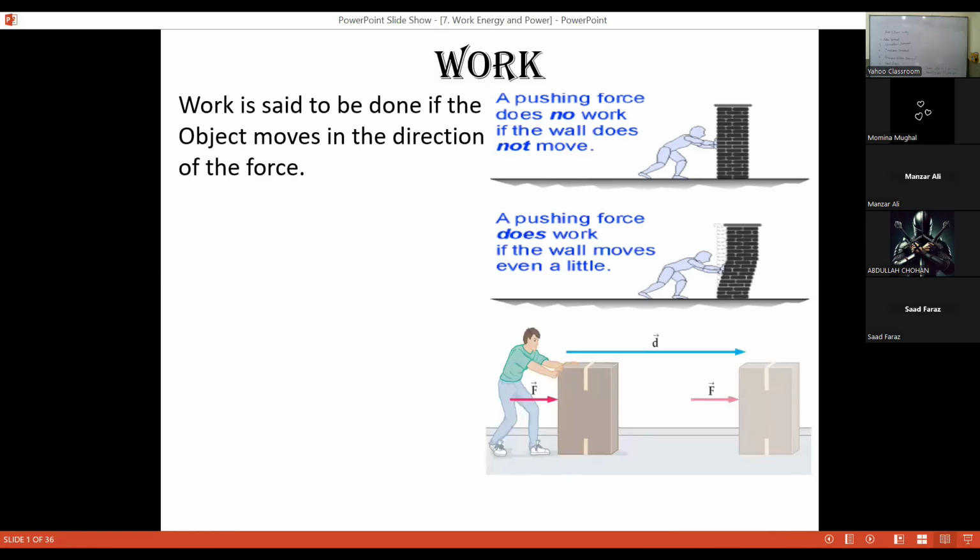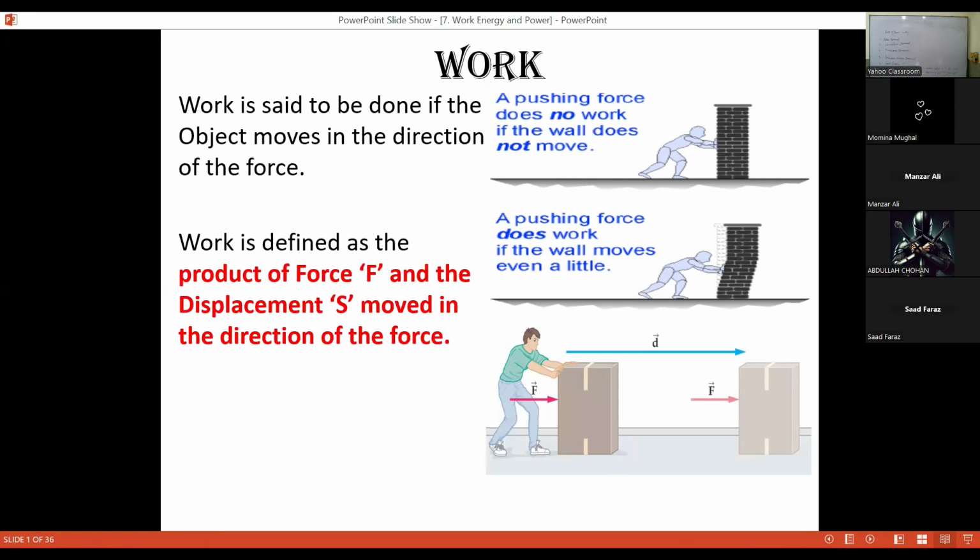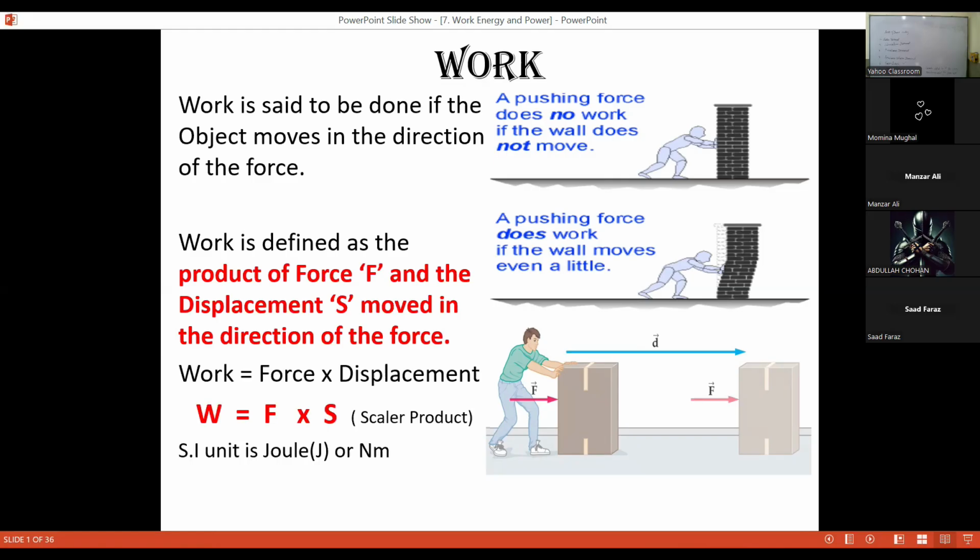If you push an object by a force F and the object moves a distance d, then work is said to be done, and it is defined as the product of force and the displacement moved in the direction of the force. The formula becomes F into S, force into displacement in the direction of the force, and it is a scalar quantity. It's not a vector.